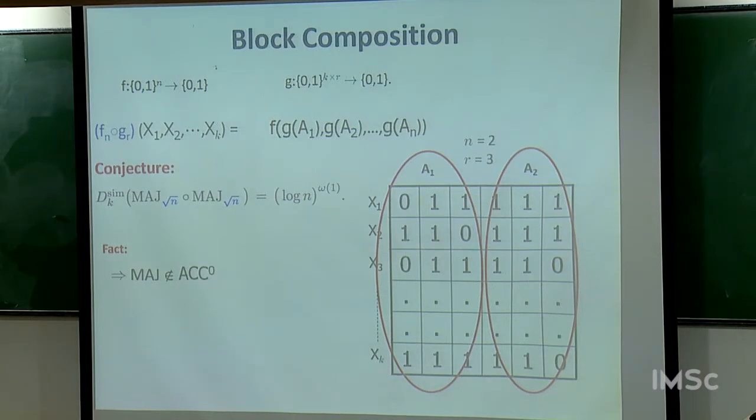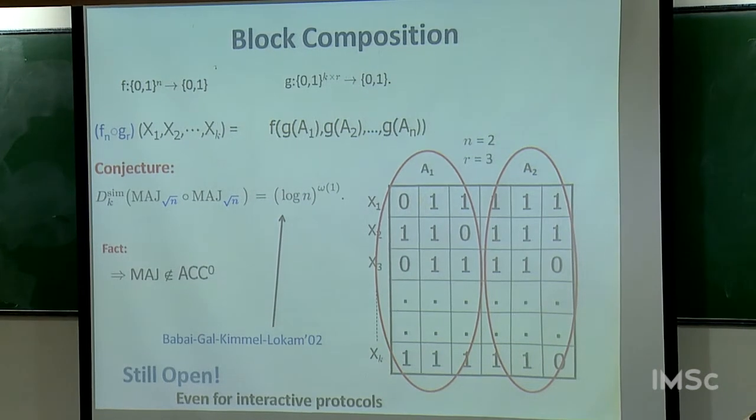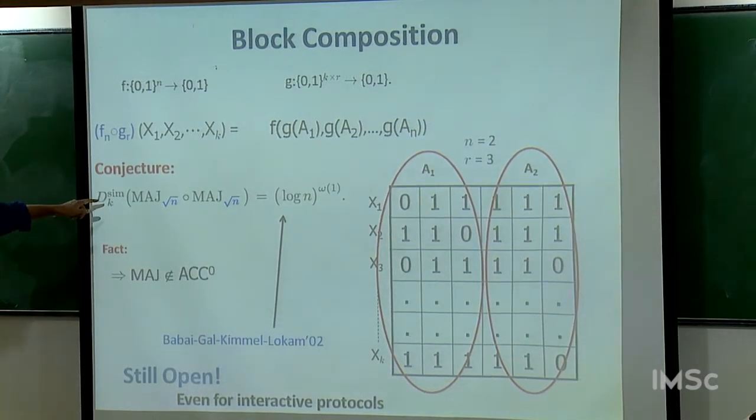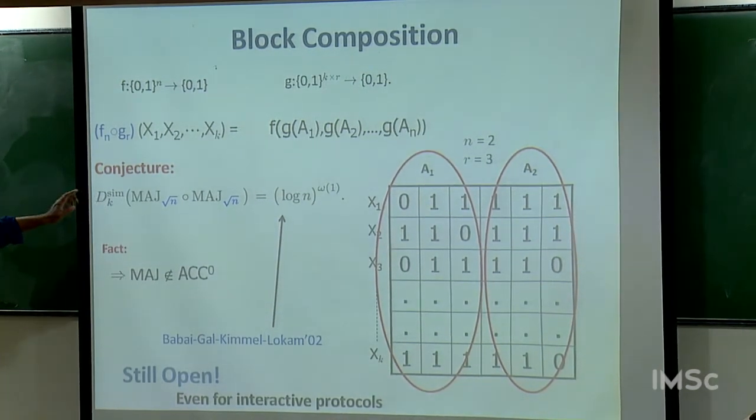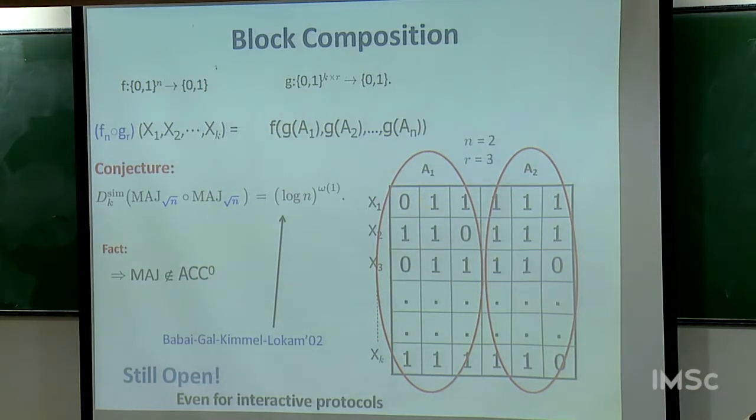Again notice that this would imply, just as before, that majority is not in ACC0. This is still open, and it's open even for interactive protocols. Not only do we not have any efficient simultaneous protocols, but we also don't have efficient protocols even if I relax simultaneity and allow interaction.